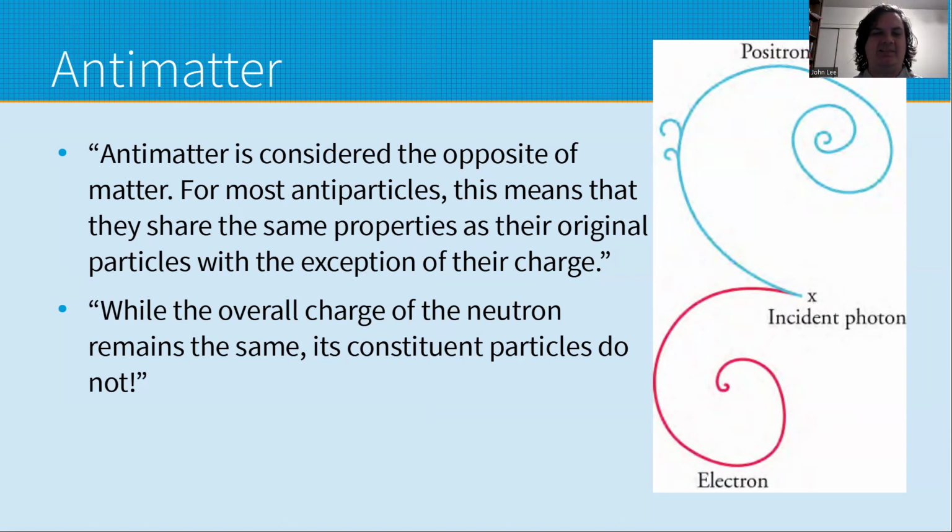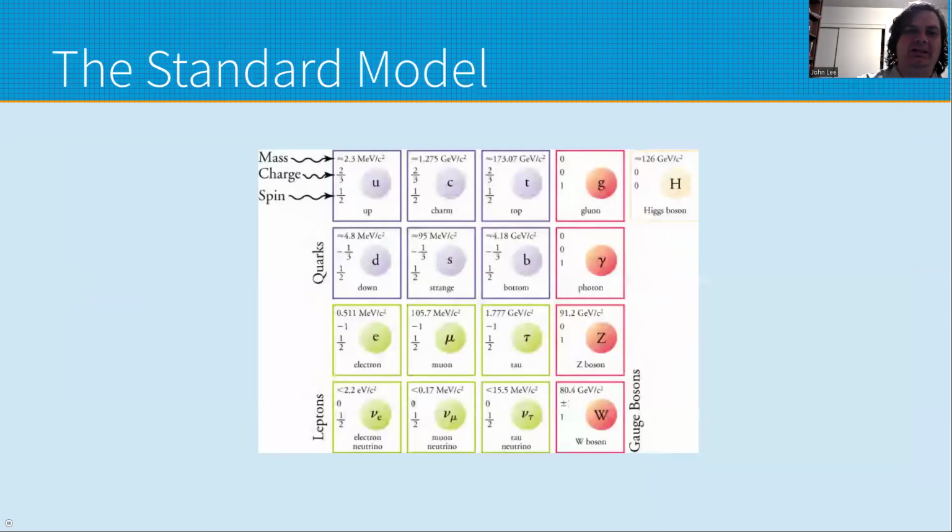But basically, you have a particle, and then you have the antiparticle, which is the same particle with opposite charges, which doesn't really make sense for the neutron unless you consider it a composite particle, where the particles that make it up do have opposite charges, but they still end up adding up to 0.